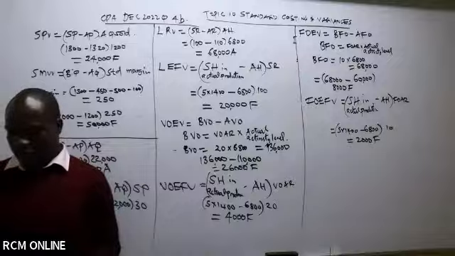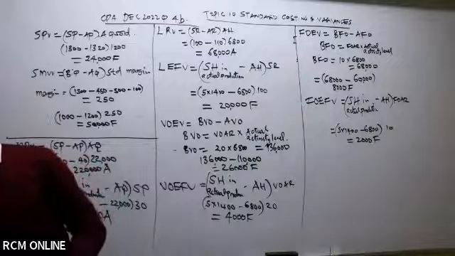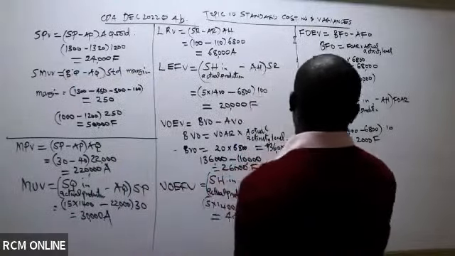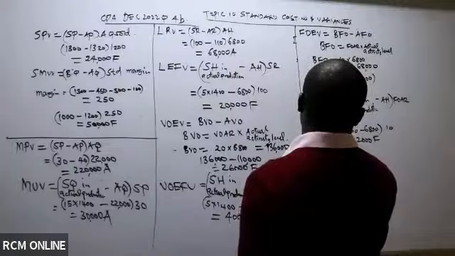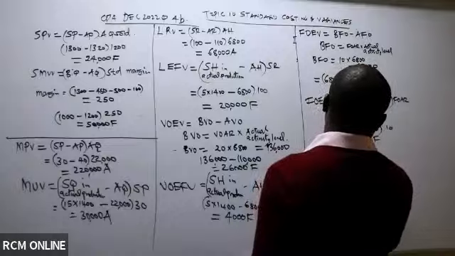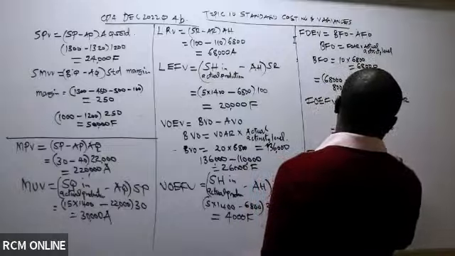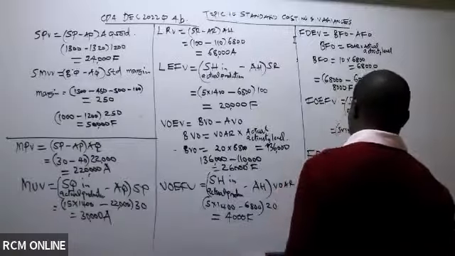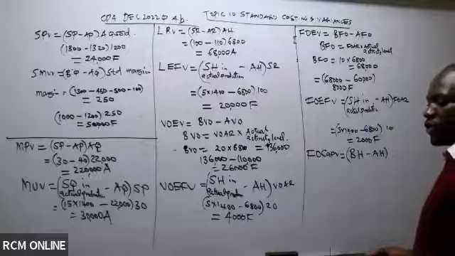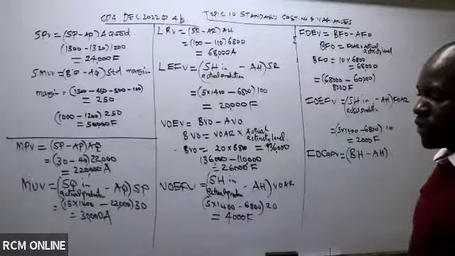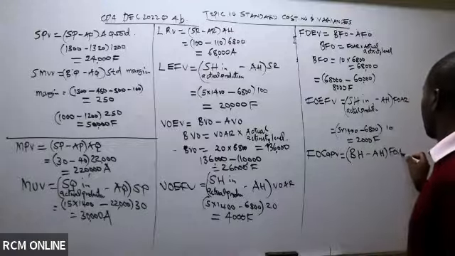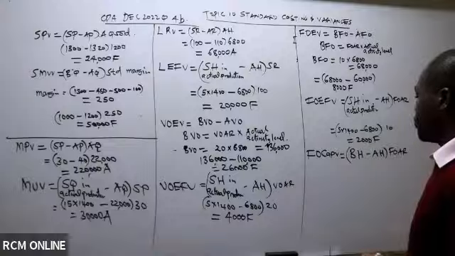Fixed overhead capacity variance is equal to budgeted hours minus actual hours, then you multiply by fixed overhead absorption rate.